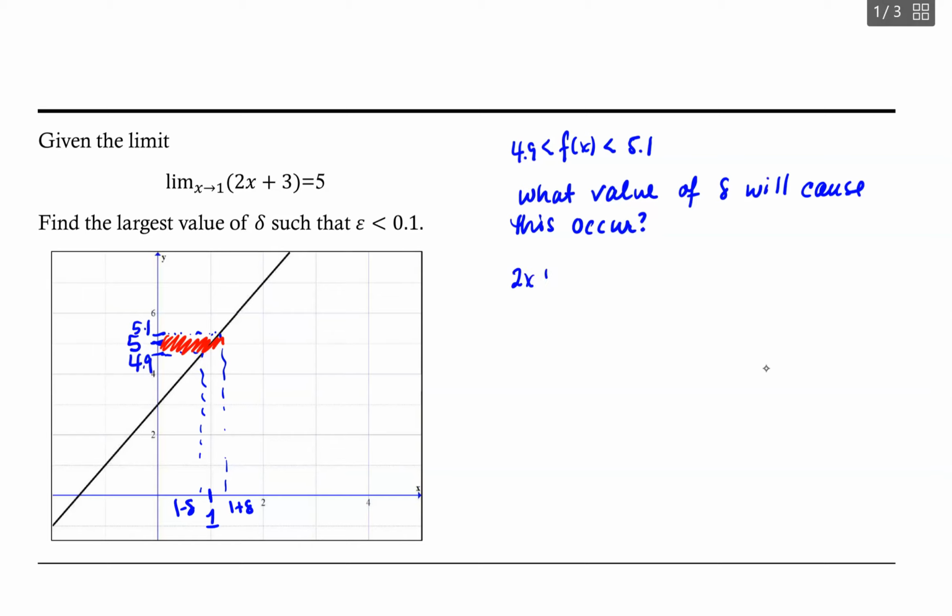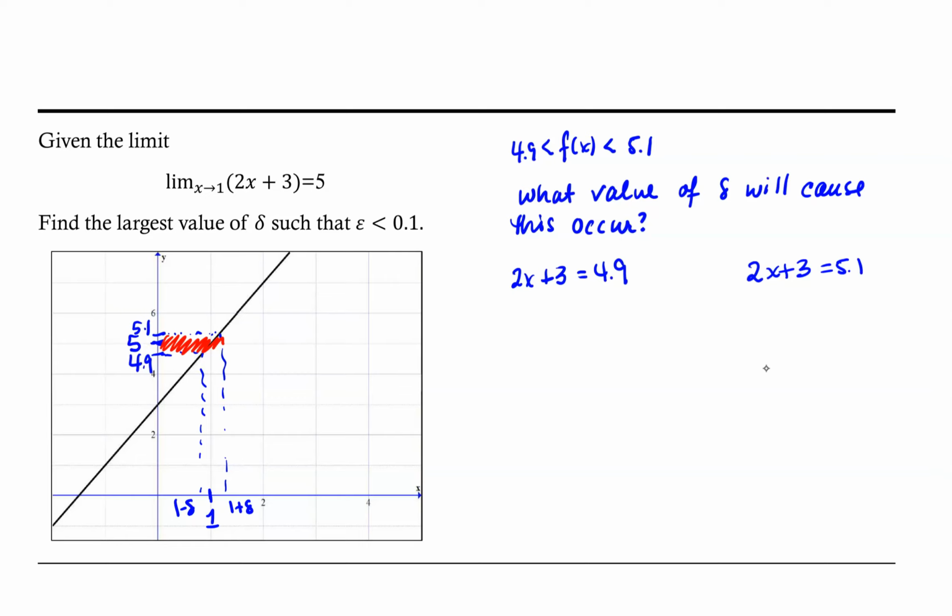So 2x plus 3 equals 4.9. And then I can consider what value of x will cause the function to equal 5.1. So 2x plus 3 equals 5.1. And I can solve these two equations.